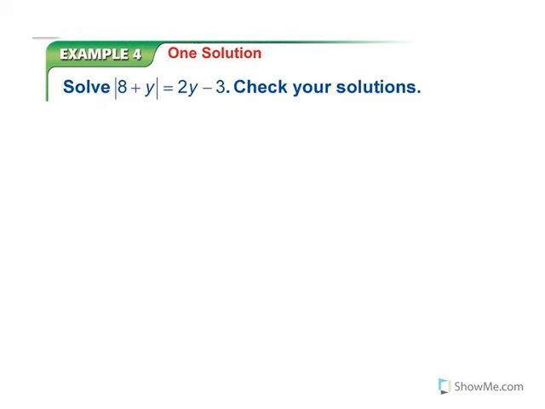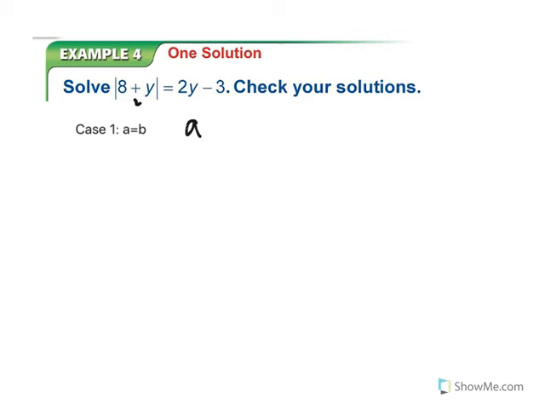Example number 4. Solve the absolute value of 8 plus y is equal to negative y minus 3. Now, thinking back to example number 2, we're going to have two cases that we need to actually check. We're going to have case number 1, where a is equal to b. And remember, that means the stuff on the inside of the absolute value sign is what I'm calling a.